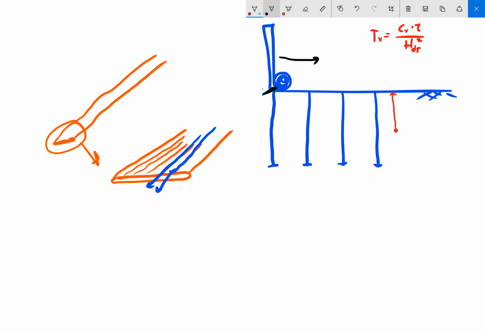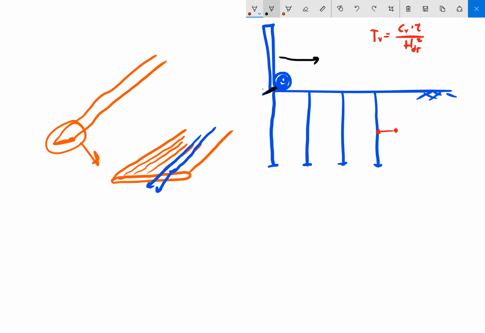But now, if we put these drains in, what now becomes the shortest distance for a drop of water to get out? It's no longer up, but now it's over. It's horizontally to the nearest drain, and once it reaches the drain, it's as good as out. The pore pressure is gone, and that water is out of there lickety split.